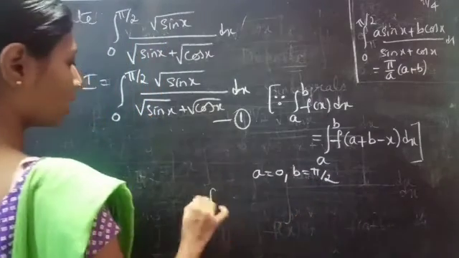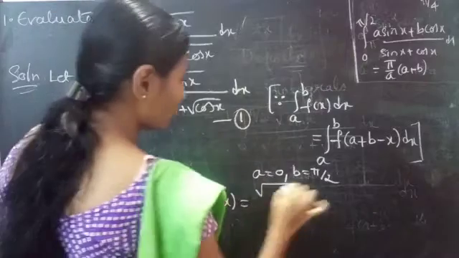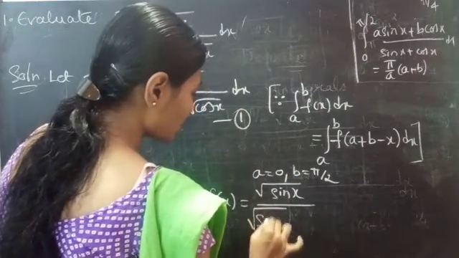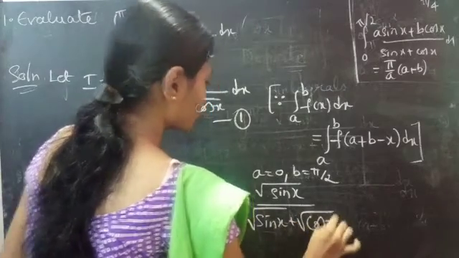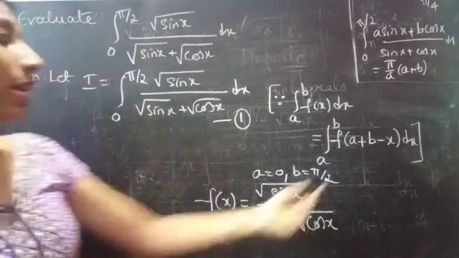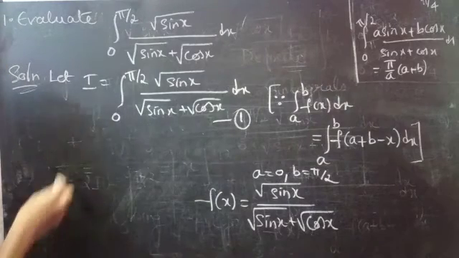Also you have f of x equals root sin x by root sin x plus root cos x. Now we have to replace x with a plus b minus x.